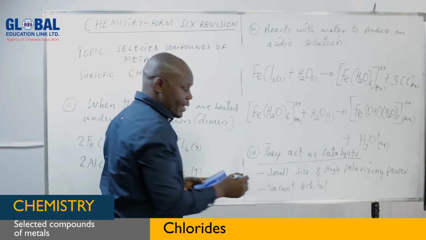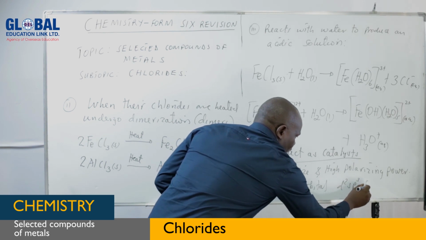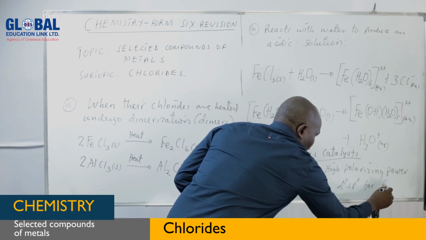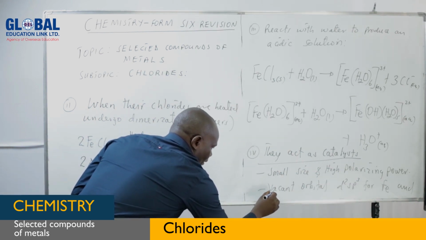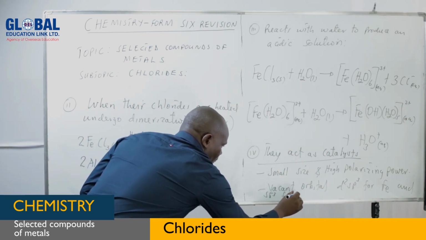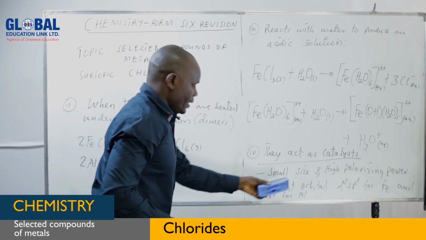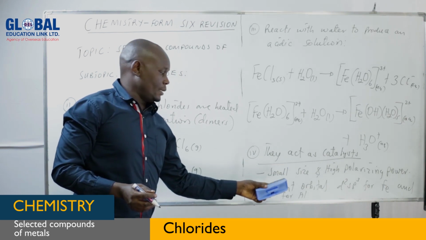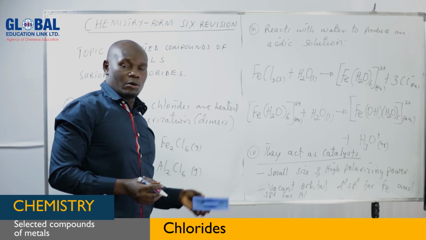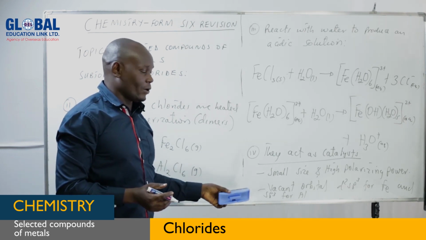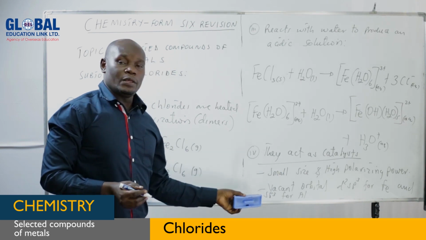For the case of iron it is d2sp3, and sp3 for aluminium. So therefore the metal chlorides can undergo oxidation or reduction, thereby catalyzing different chemical reactions that they can be used in.